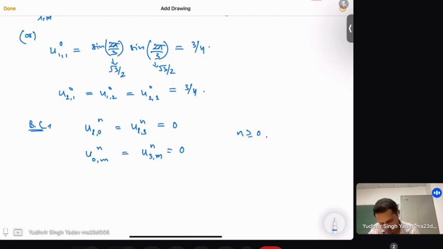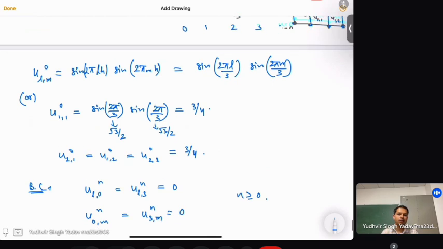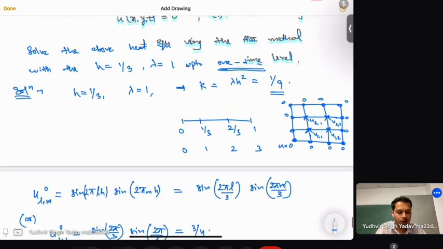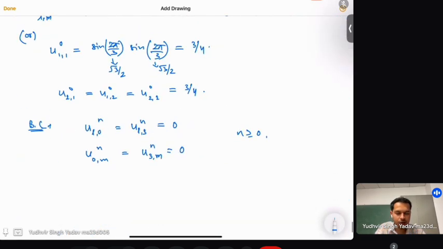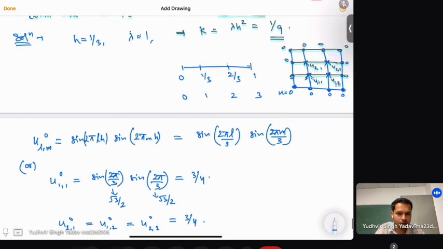So these are the given values, data that we can obtain from the given inputs in the question.